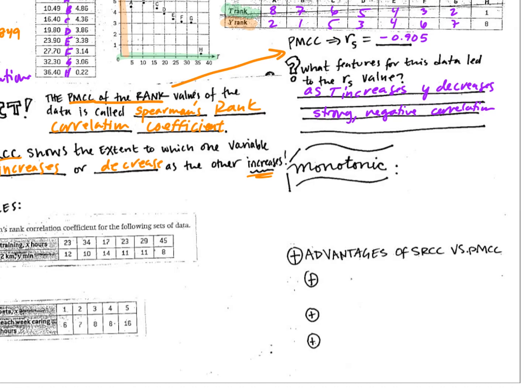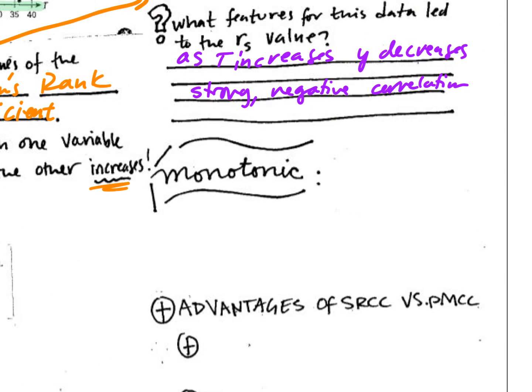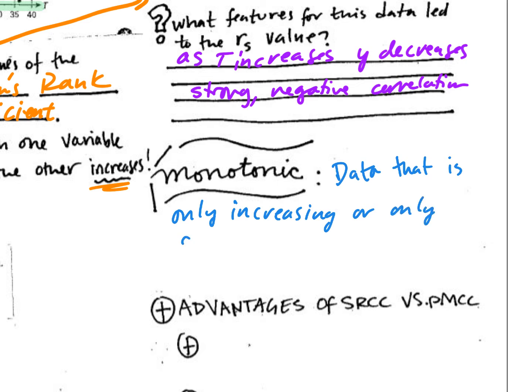Okay, monotonic. This one I'm still wrapping my head around, so come with me on this journey. Data that is only increasing or only decreasing is known as monotonic.